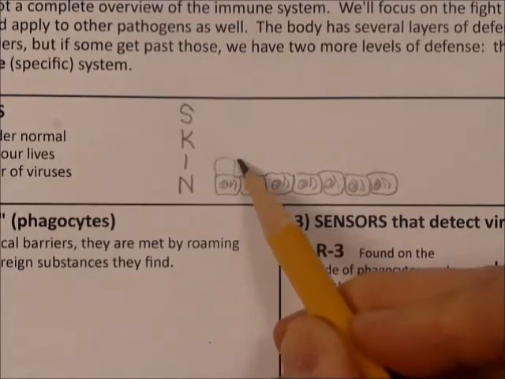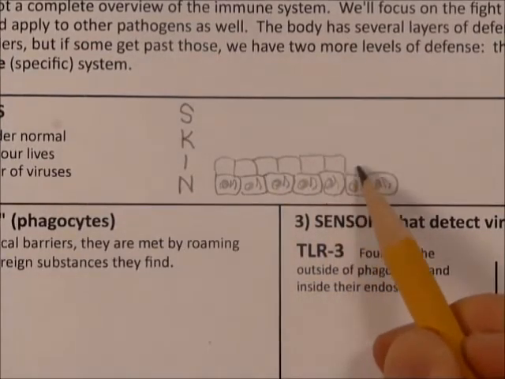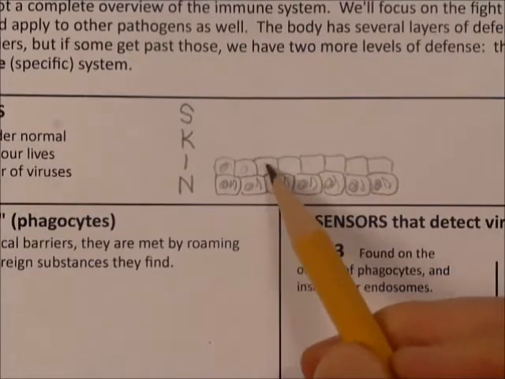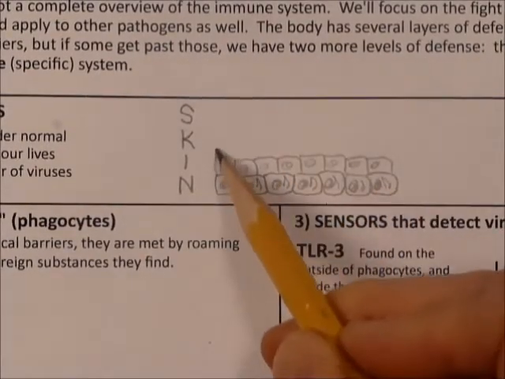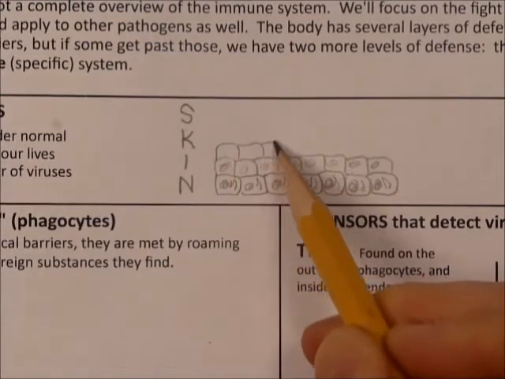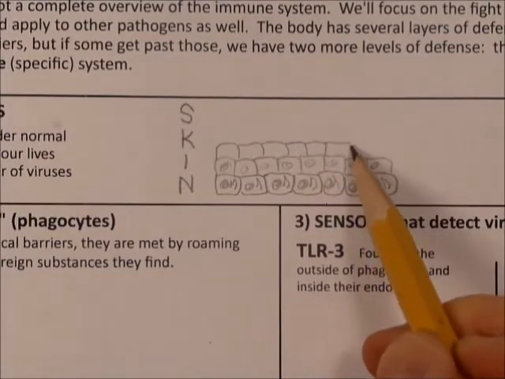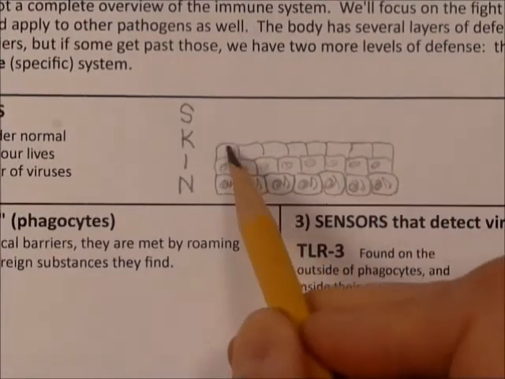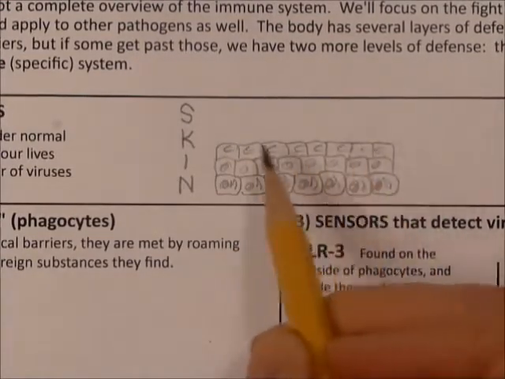And then we'll draw another layer. Still pretty healthy, pretty living. Still put some nucleuses in them. And then another layer. And the layers get a little bit thinner as they go up. Maybe still a little bit of a nucleus there, although it's just starting to disintegrate a little bit.